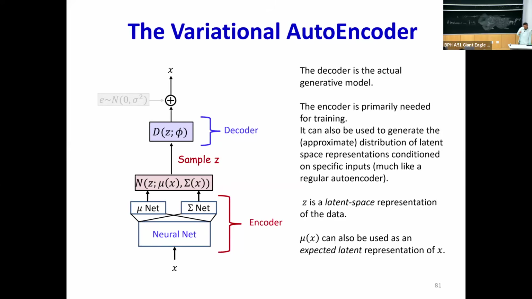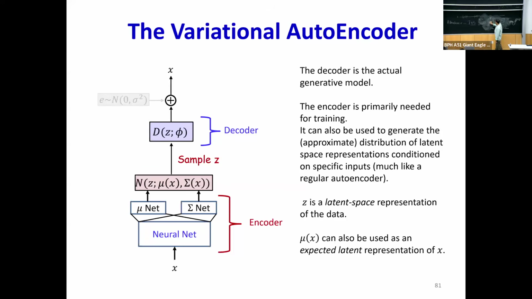Now, if I choose any point over here and any other point over here within the Z, and I traverse a line between the two, the intermediate points must represent some notion of continuity in the latent space, right? What this means is that suppose I have x1 and x2, and I put each of these through the encoder. x1 has a mean, which is maybe here, right? x2 has a mean, which is maybe here.